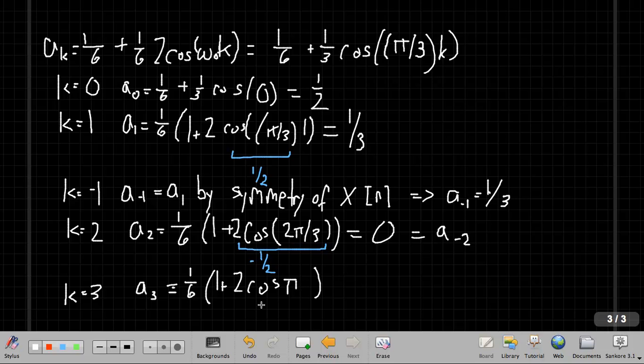Well, cosine of pi is minus 1, so I have 2 times minus 1, which is minus 2. So 1 minus 2 is minus 1, and minus 1 times a sixth gives me minus a sixth.